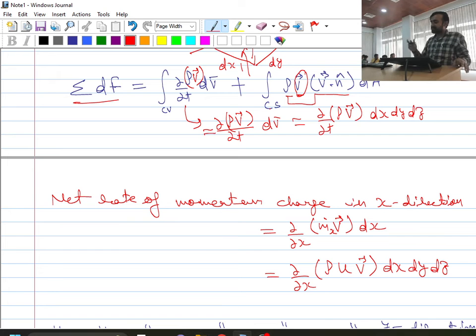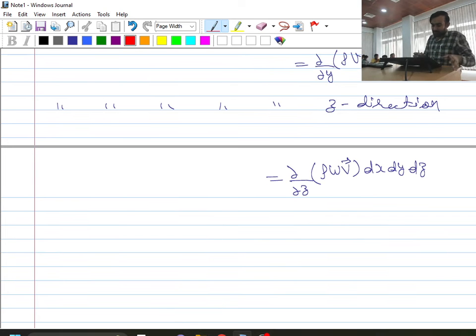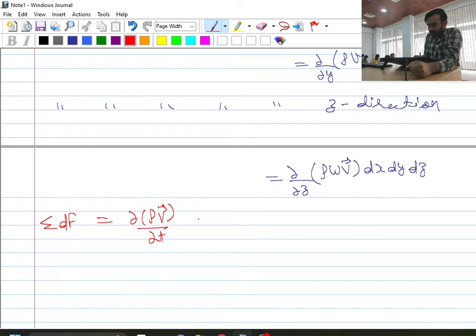Once this second term is resolved, I can substitute into the main equation, and I will find the sum of all the forces acting on this differential element equal to ∂(ρV vector)/∂t. It has dx dy dz with it, and all other terms also have dx dy dz, so I will take that at the end only.